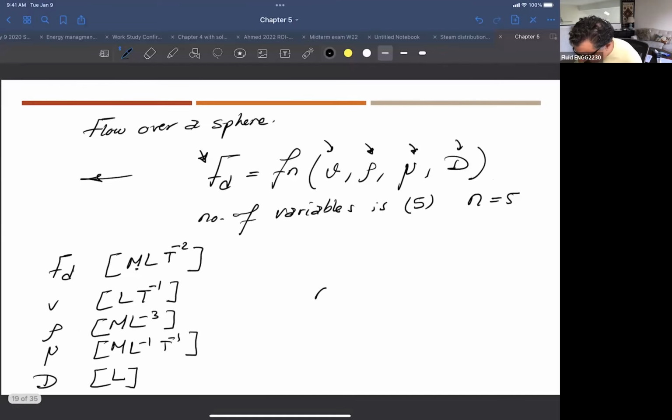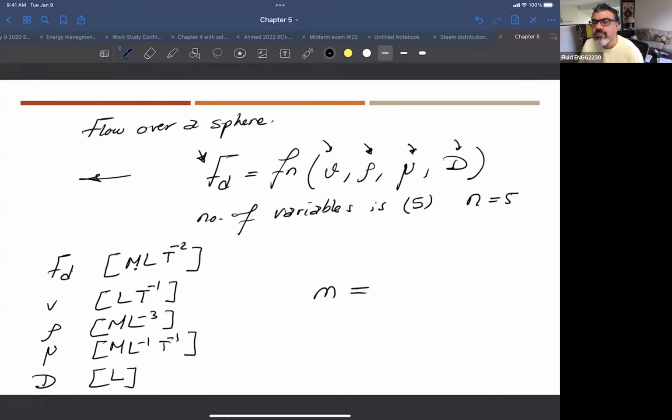So what is the number of M here? It's 3, right? And you don't have to have all 3 in every one. You look at all the parameters together and see, oh, you have M, yes, I have L, yes, I have T. Okay, so it's 3.